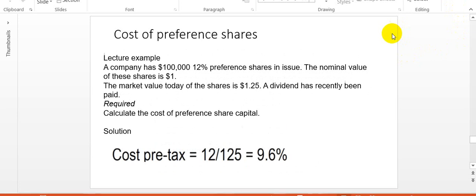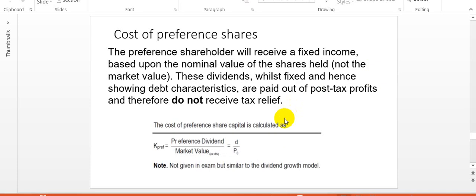A company has $100,000 12% preference shares in issue. The nominal value of these shares is $1. The market value today of the shares is 1.25. A dividend has recently been paid and we are required to compute the cost of preference share capital. You simply replace in the formula, D0 over P0, D0 being the preference dividends.